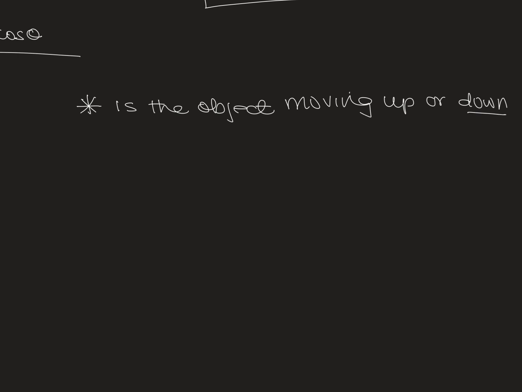The way I want to simplify it is, there are three important questions that you have to ask yourself when dealing with friction on an inclined plane. The first question is: is the object moving up the plane or down the plane?